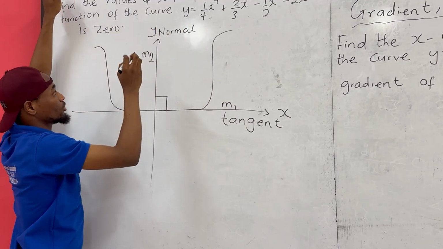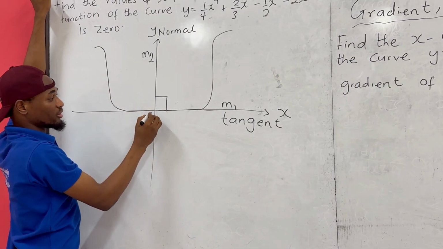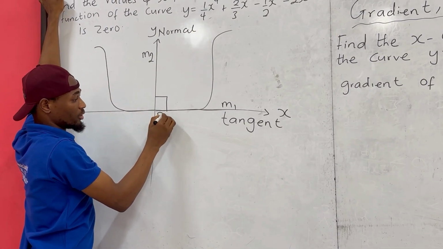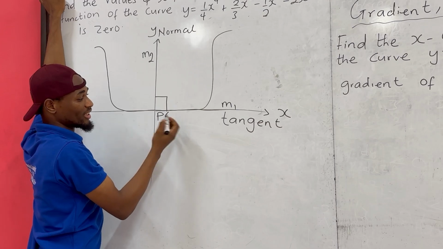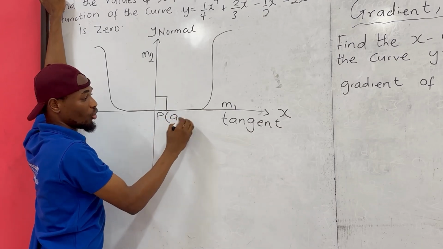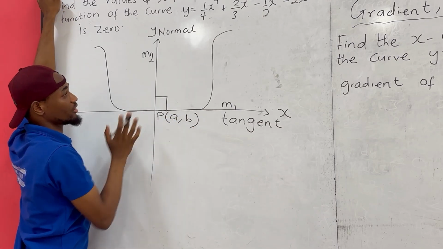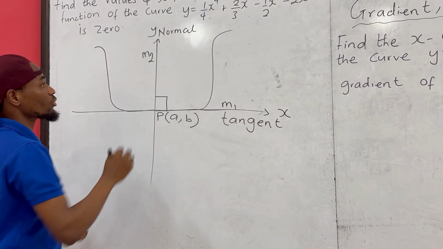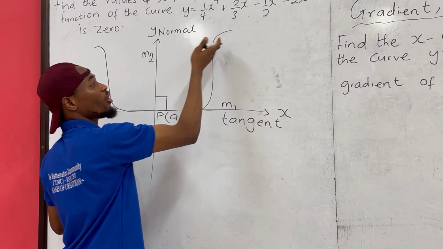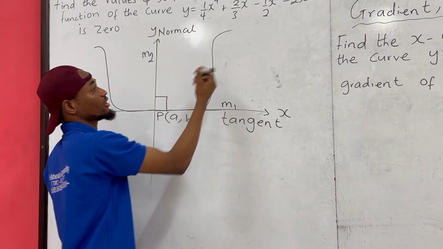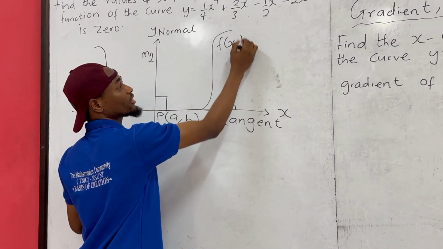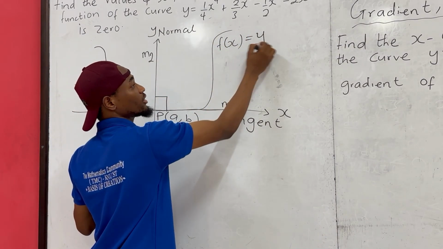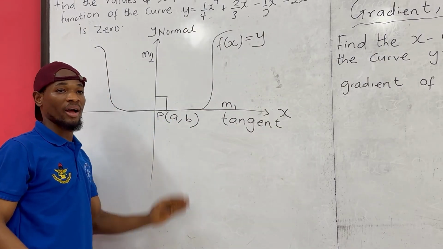You draw the curve this way, passing through the point with coordinates, let's say, A, B. The name of my curve is, let's say, f of x, which is equal to my y.